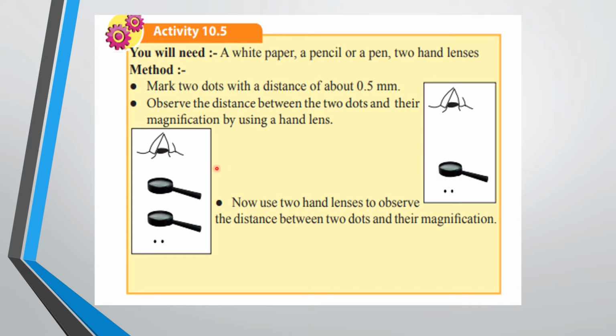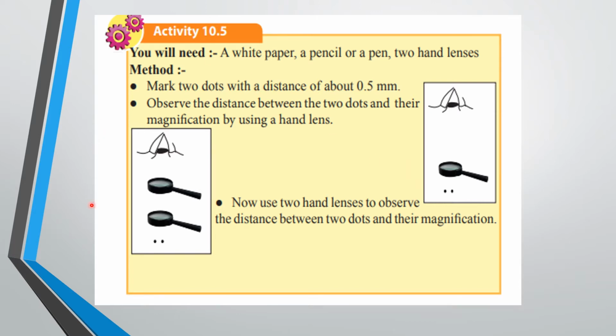And again you have to use two simple microscopes or two hand lenses and place them like this and observe the two dots. Then you will be able to see that these two dots can be clearly observed using two simple microscopes than using one simple microscope.